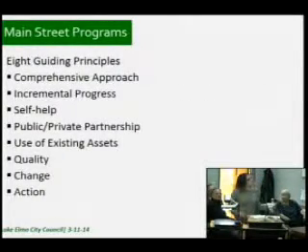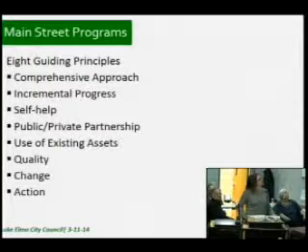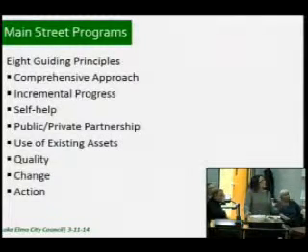They are also based on 8 guiding principles: comprehensive, so collaborative; incremental progress, making small steps, so even small projects will make improvements to the area; self-help. The purpose of Main Street programs is to really not serve as the entity to get things going, but to provide the support and resources needed for the city and community to keep it going.